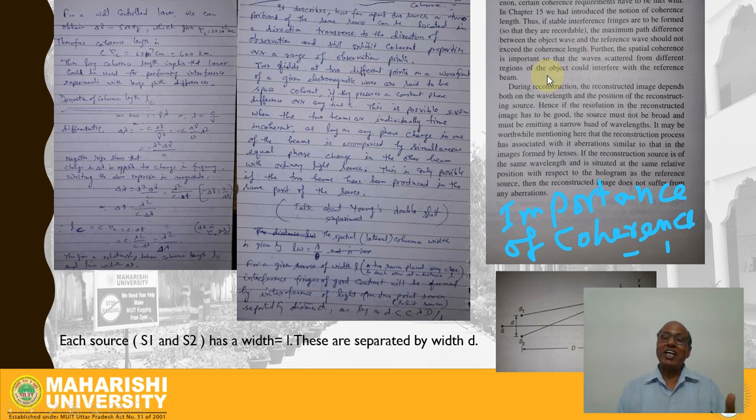All these scattered waves will have a phase difference, and this phase difference, over a period of time and over a length, should be maintained. If that is maintained, then interference rings will be formed for different parts of the object, right? So interference can happen for different parts of the object, and an image can be created.